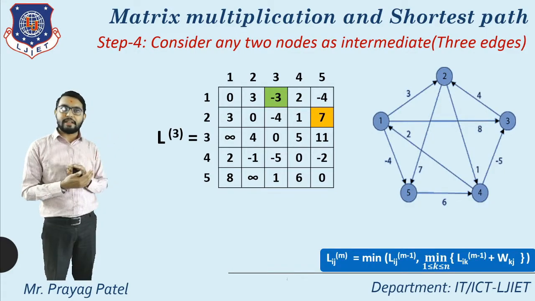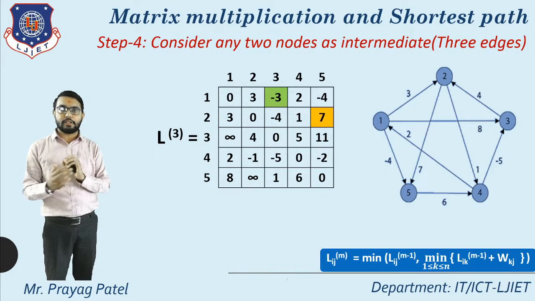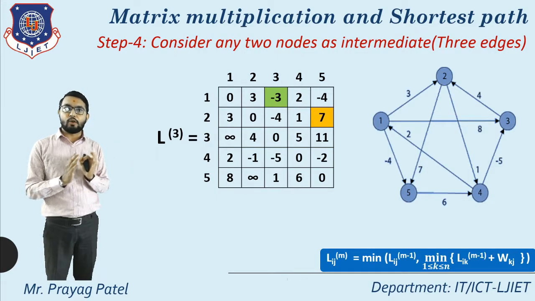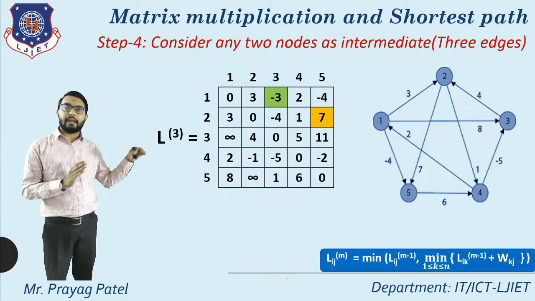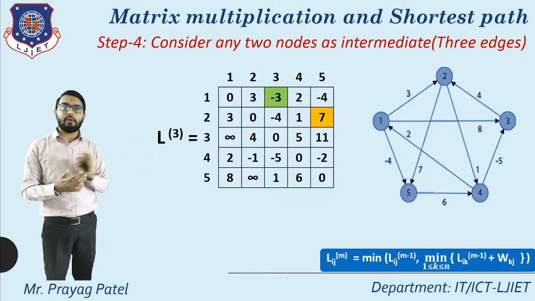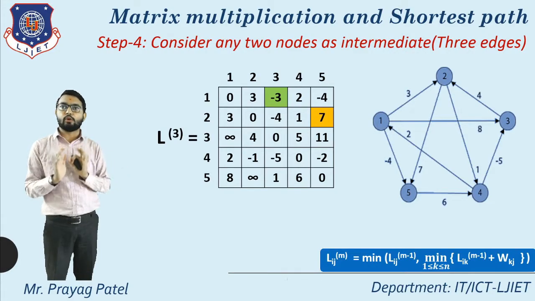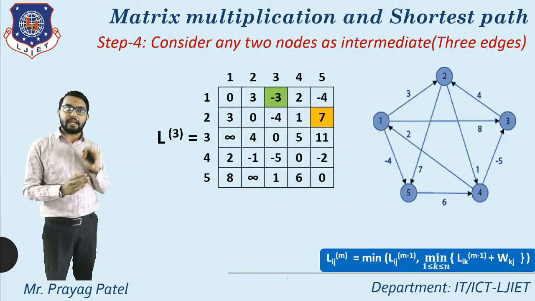The remaining locations are as they are according to this process. Now in the second row the values 3, 0, -4 and 1 are as they are. Here no change, so we directly move to location 2, 5. Only here we consider a changed location, because each and every operation is performed according to this process.